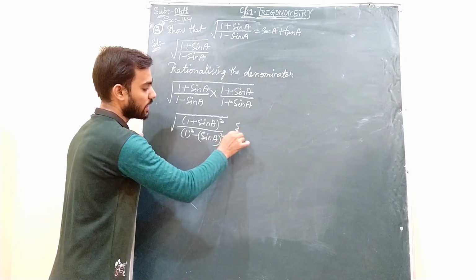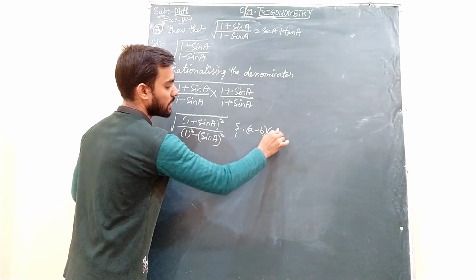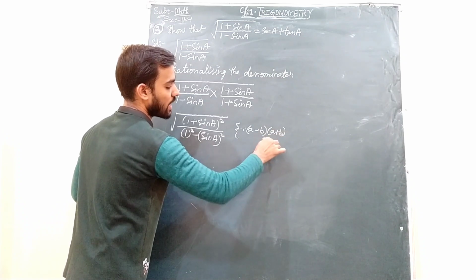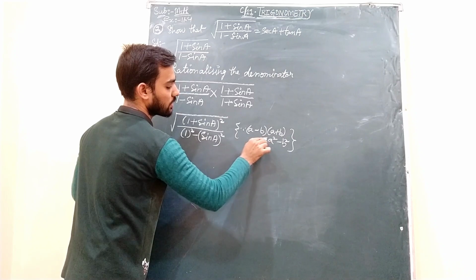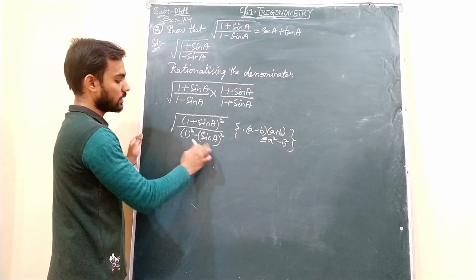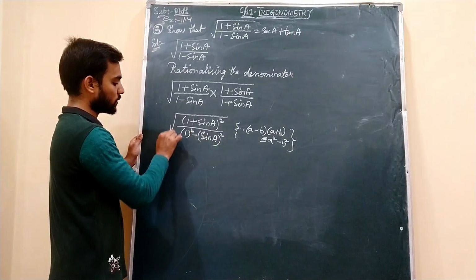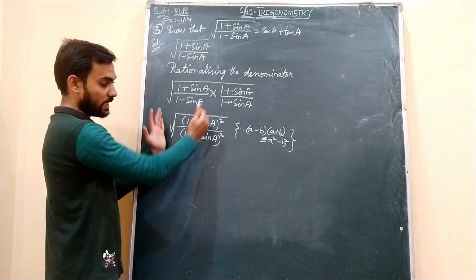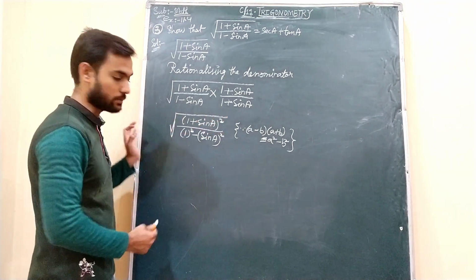I will write here a minus b into a plus b changes to a square minus b square. Okay, this root is there for the complete term. Don't write it only on the numerator, it is there for the complete term.